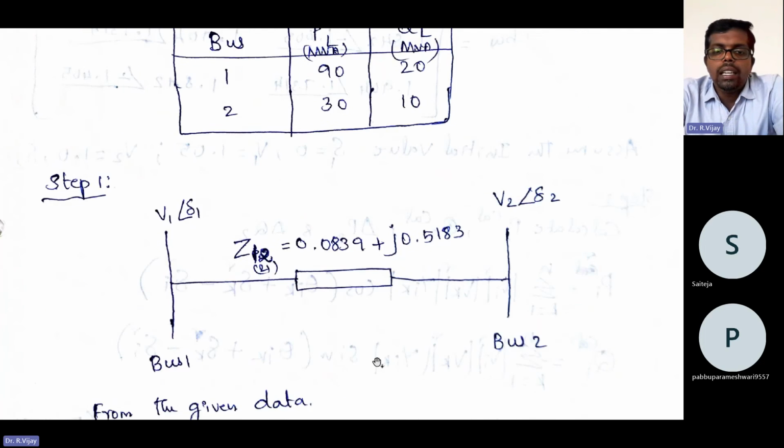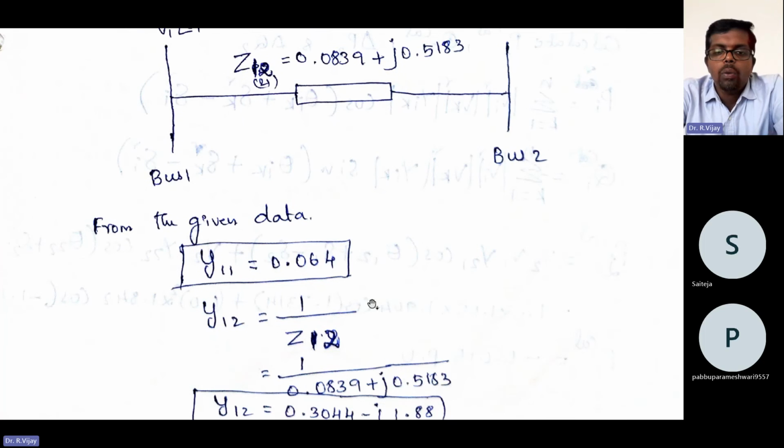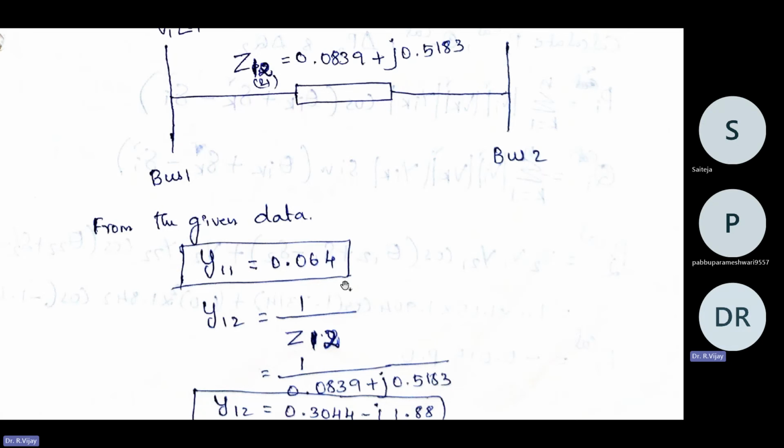So here, Y12 is equal to 1 divided by Z12, because this is impedance. Z12 value is 0.0839 plus j 0.5183.